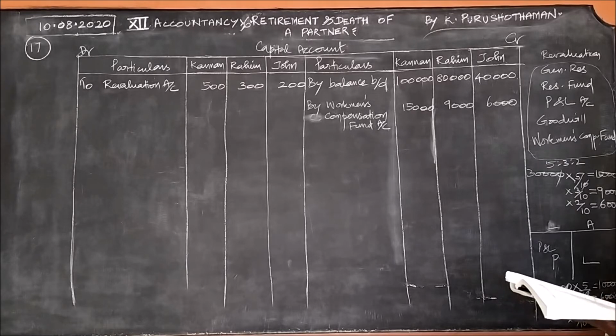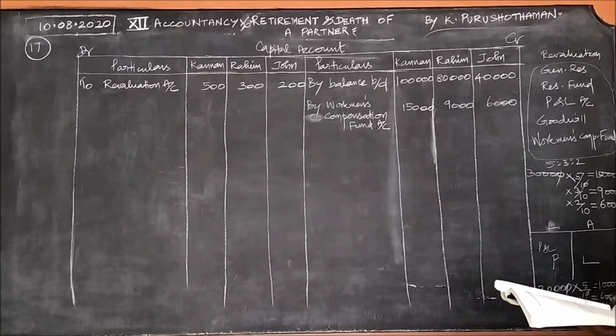Then 2 into 2,000, 4,000. That's all: 10,000, 6,000, 4,000.